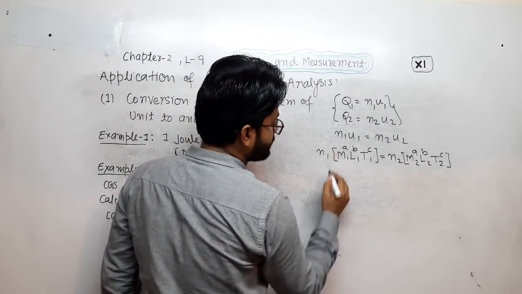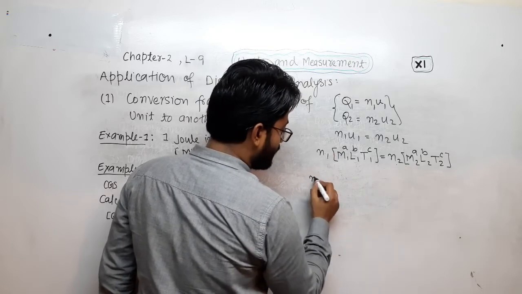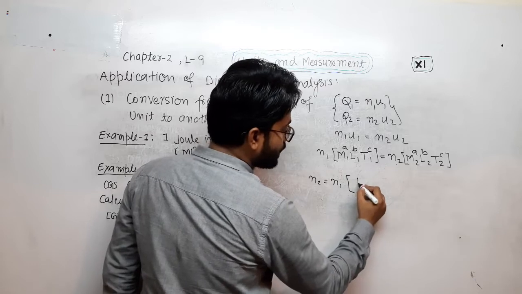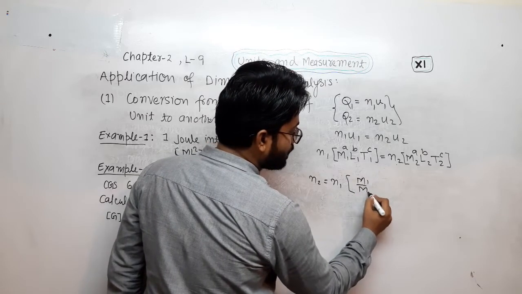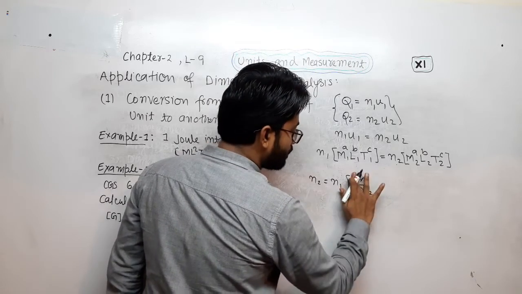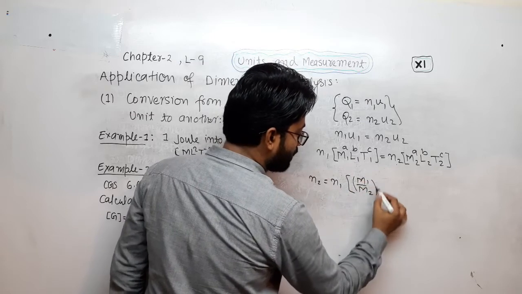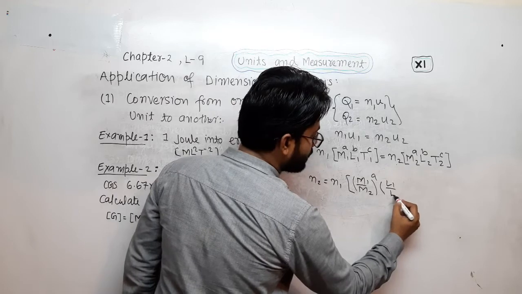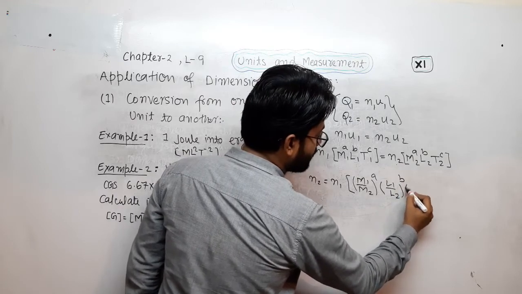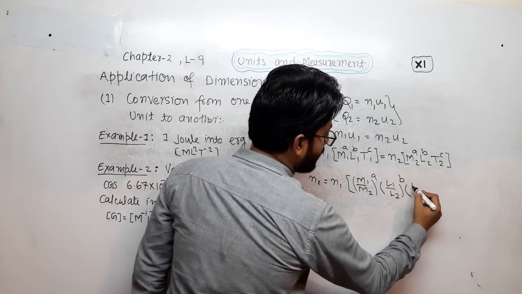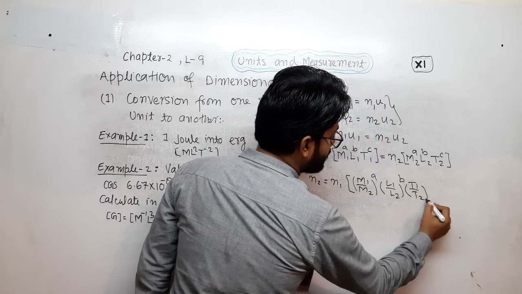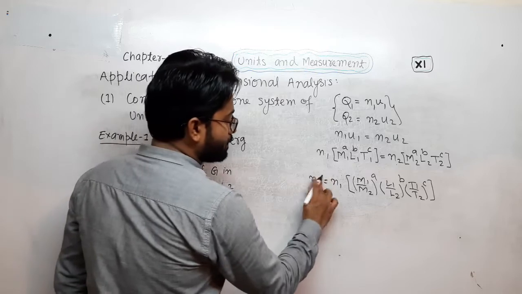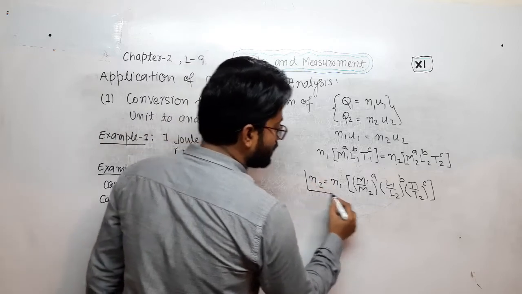This is N1. If you need to calculate N2, that is equal to N1 times M1 upon M2 to the power A, L1 upon L2 to the power B, and T1 upon T2 to the power C, and N2 we need to calculate.